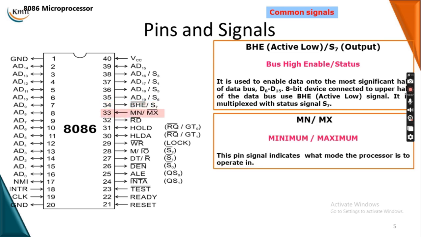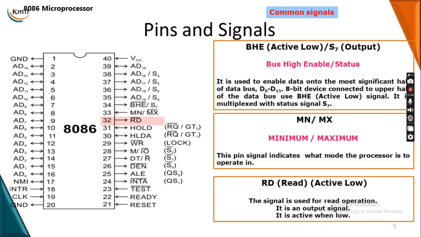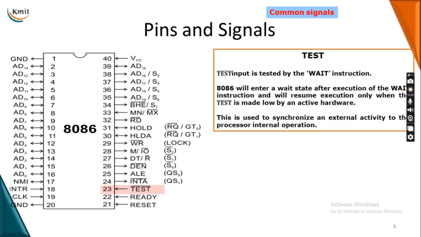Similarly, this MN by MX bar, nothing but this tells what mode the processor is operating in. Read, which is used for read operation, it is an active low signal, it is an output signal.